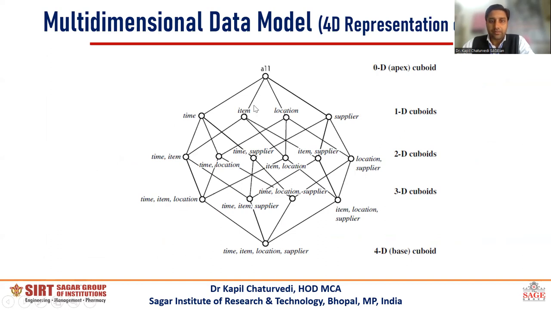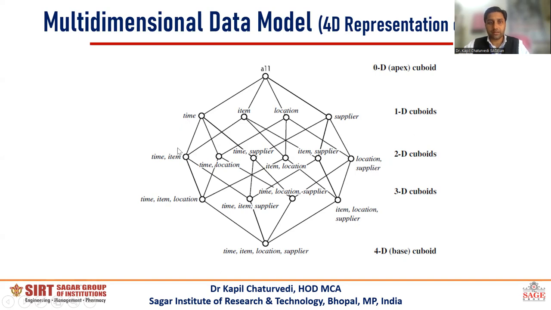Here we can see that we have four dimensions: time, item, location, and supplier. With the help of that, we are drawing a lattice. So that lattice is a four-dimensional representation of the data. Here we cannot limit it to four dimensions. We can also draw 5, 6, 7 dimensions. The diagram is somewhat complex.